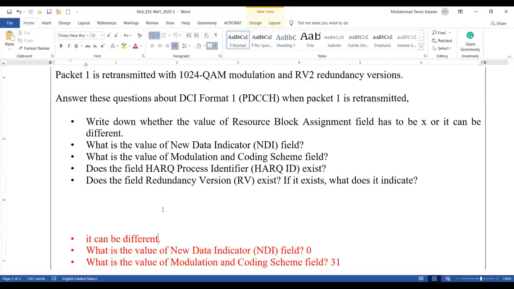That is in no way related to how you are organizing your RBs this time. These RBs you could locate anywhere. So you can say that it can be different, but what it can be is up to the eNodeB. It can take any position.